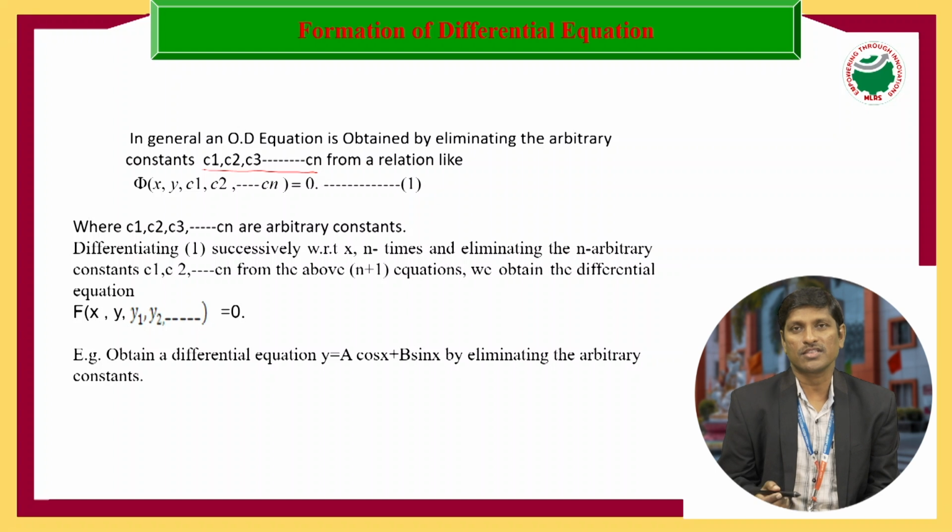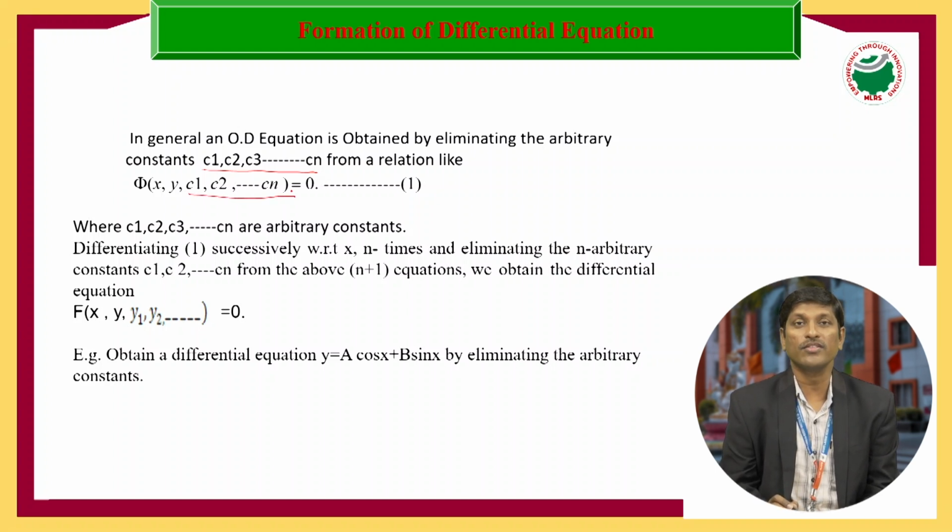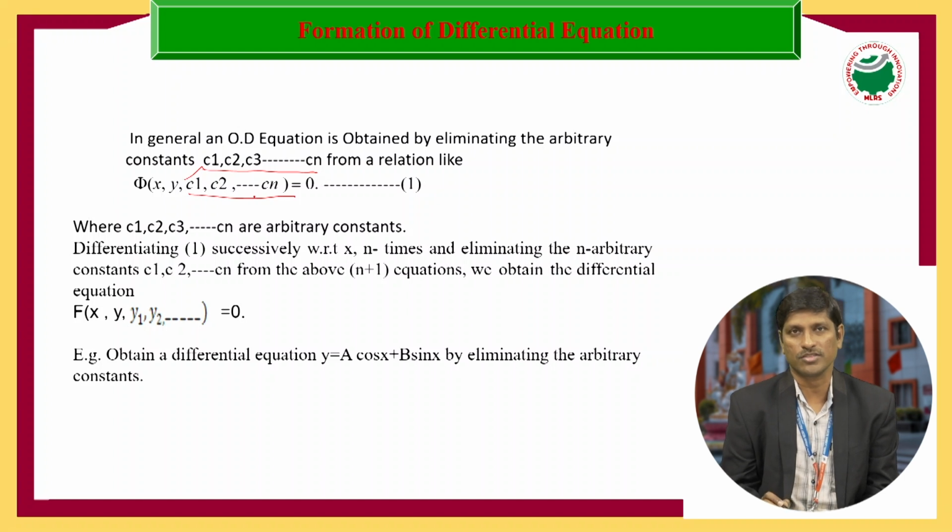Here we are choosing some equation consisting of n arbitrary constants, and we are giving particular names to those arbitrary constants as C1, C2, C3, C4 and so on, Cn. It has n arbitrary constants, right?